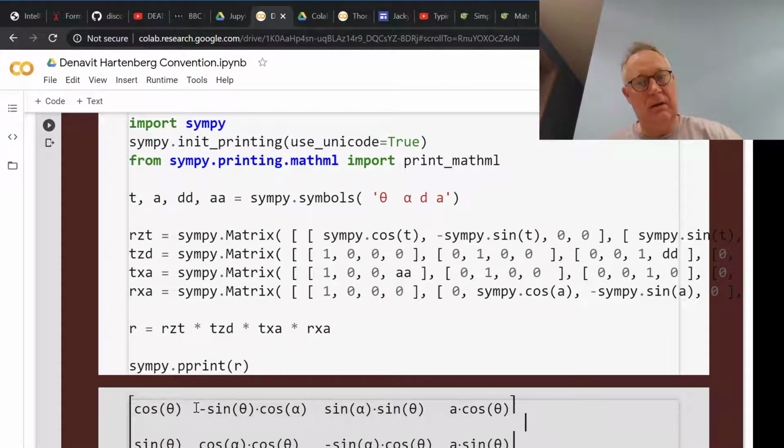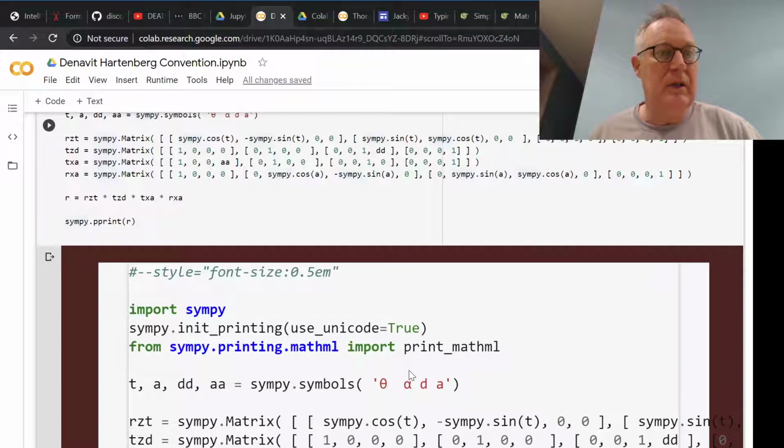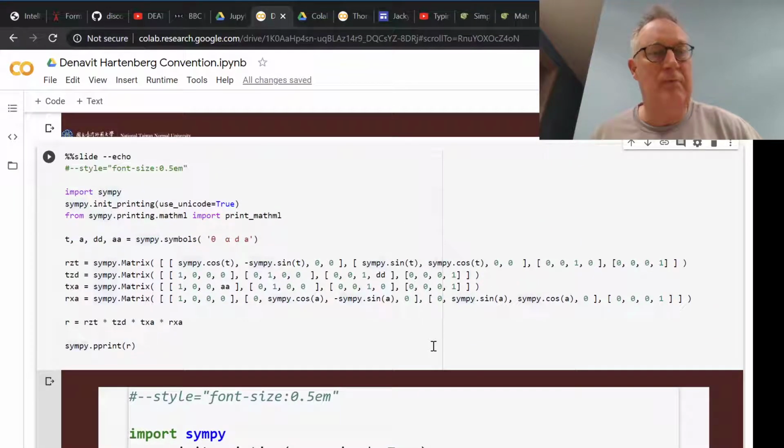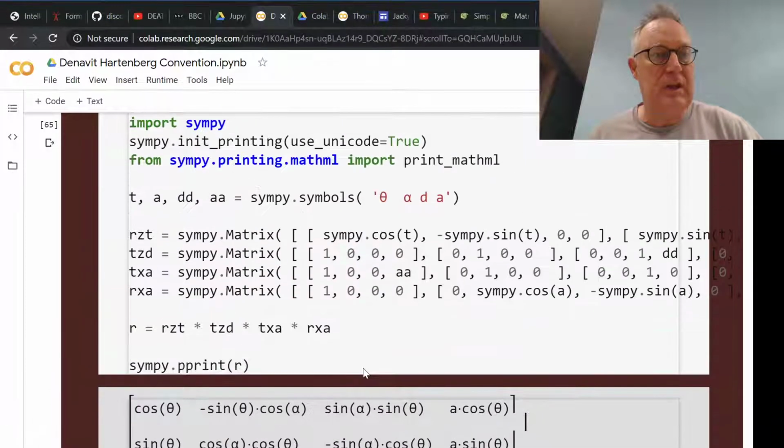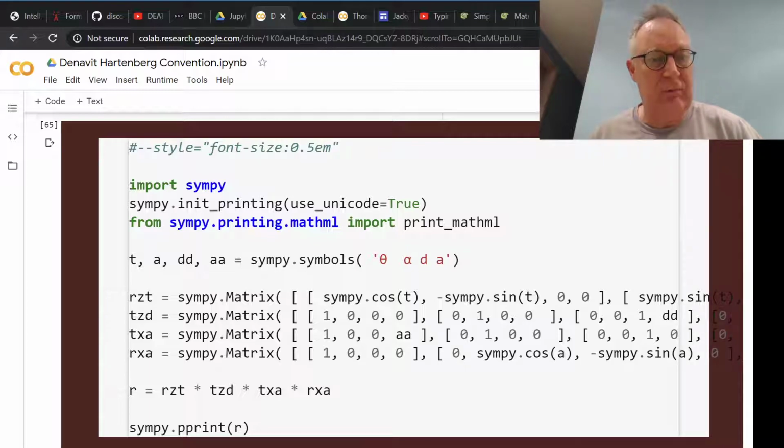So cos theta, negative sine theta cos alpha, sine theta sine alpha, a cos theta; sine theta, cos theta cos alpha, negative cos theta sine alpha, a sine theta; and then 0, sine alpha, cos alpha, d; and then 0, 0, 0, 1. So this is the correct transformation matrix now, the one that we can derive from Denavit-Hartenberg assumptions 1 and 2. All our transformation matrices now are going to have this form.